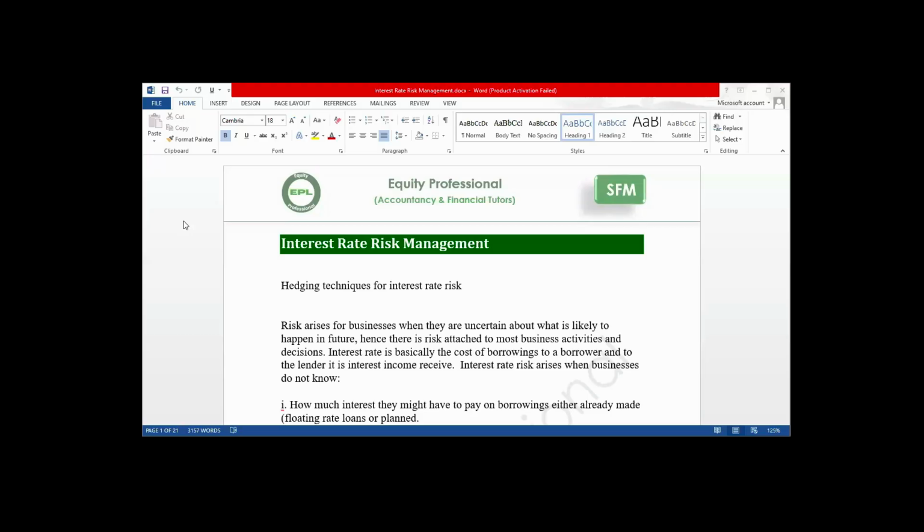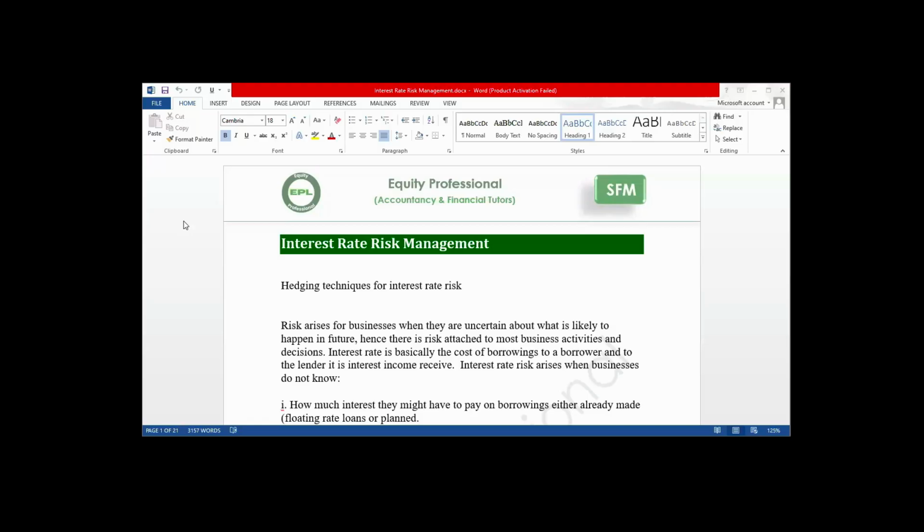What is interest rate risk? Interest rate risk arises when businesses do not know how much interest they might have to pay on borrowings.